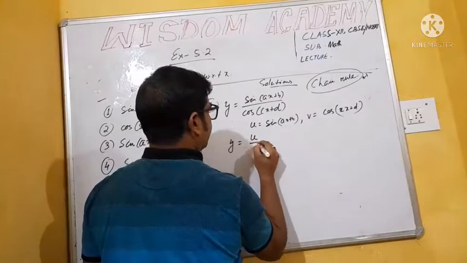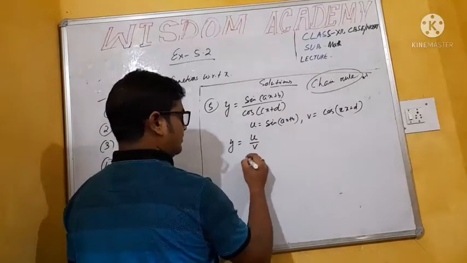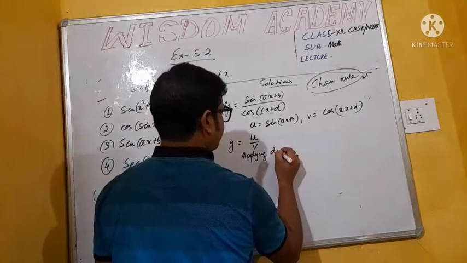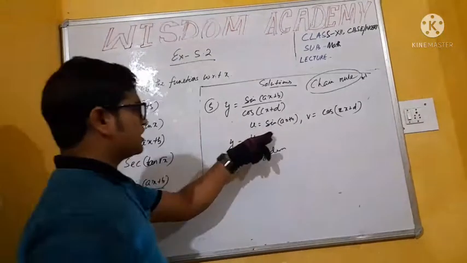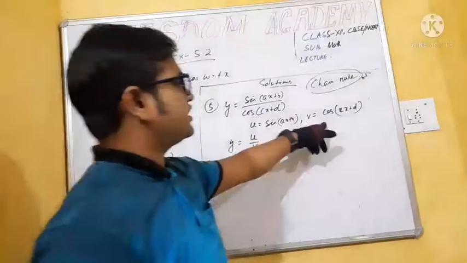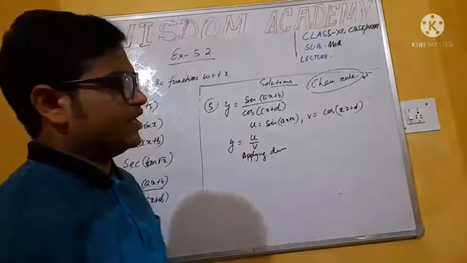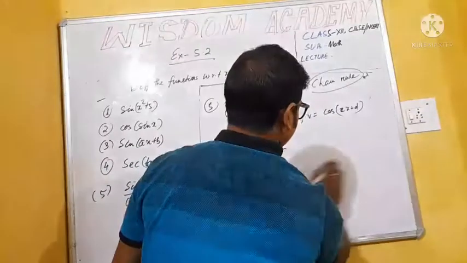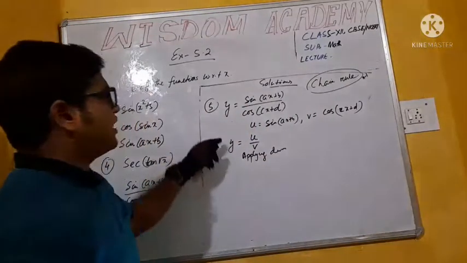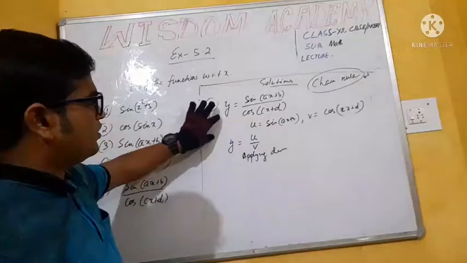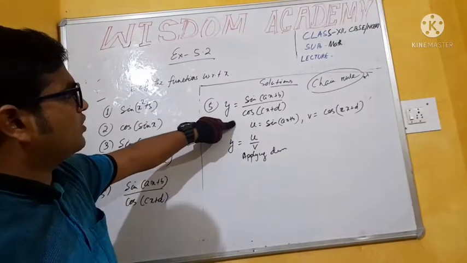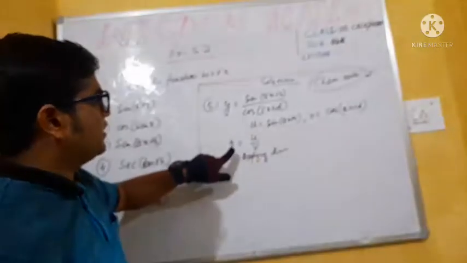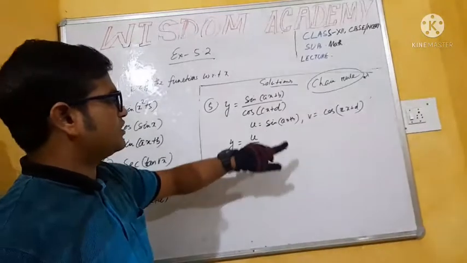y is equal to u by v. Applying the division rule, why do we take sin ax plus b as u and cos cx plus d as v? Because a continuous lengthy method appears, so we can reduce this method by taking sin ax plus b as u and cos cx plus d as v.